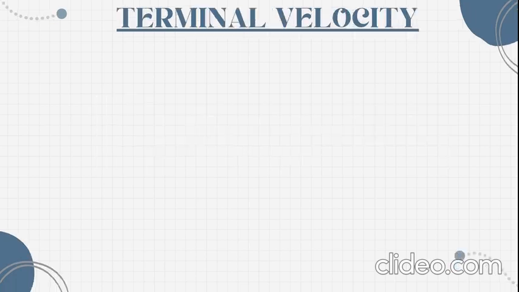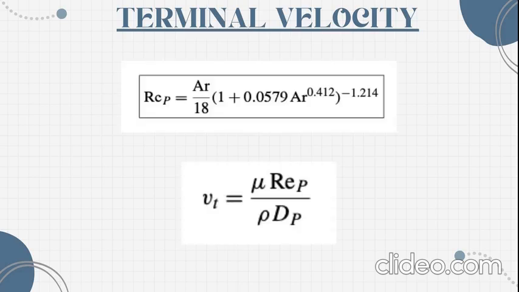Now we will learn how to calculate terminal velocity. By substituting the Archimedes number formula into the friction factor formula that we just learned, we get a final equation. Using this formula, we will find the Reynolds number. So once we get the Reynolds number, we can use this formula to find the terminal velocity.